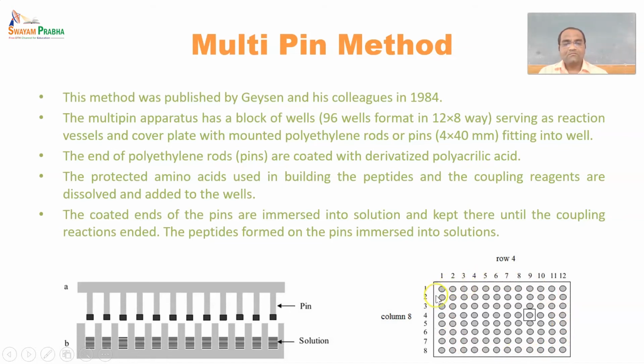And one of the advantages of this method is that we know what kind of chemical each well has, and it has been labeled. So it becomes easy, because a pin has a particular reagent, derivatized with polyacrylic acid, and the chemist already knows what type of chemical or amino acid will couple with a pin, because of the labeling of these wells.